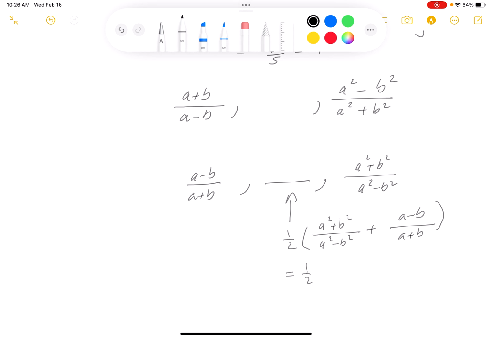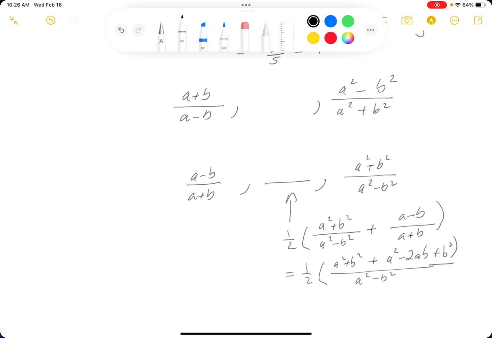I have to do that with a common denominator. The common denominator is actually a squared minus b squared. And you're going to get a squared plus b squared plus, let's take a look at that. I have to multiply by a minus b to get that common denominator, so it's going to be a squared minus 2ab plus b squared.